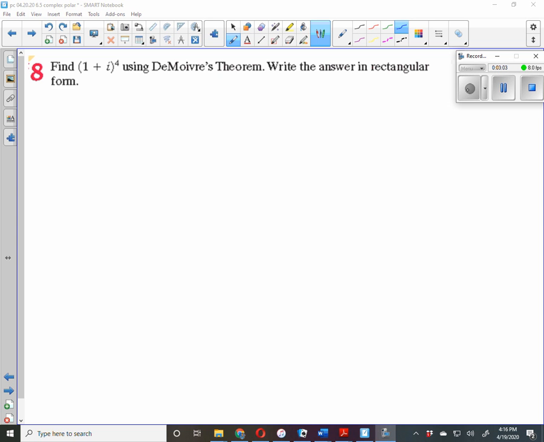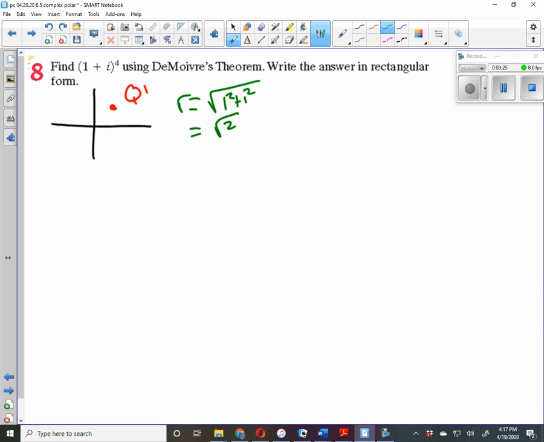So here we go. First things first, what is this? This is plotted at 1, 1, so it's right here. We know this is in Q1, right? We need to know r, we need to know theta. So r is equal to the square root of 1 squared plus 1 squared. Square root of 2 is my radius.